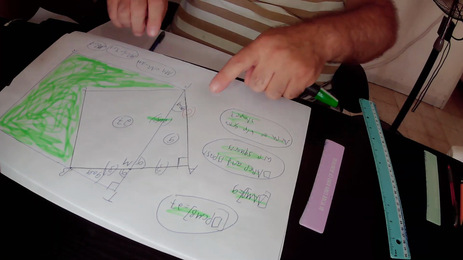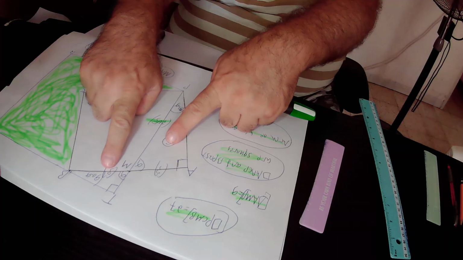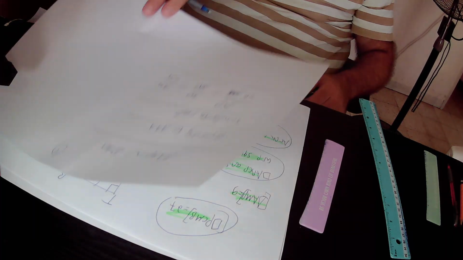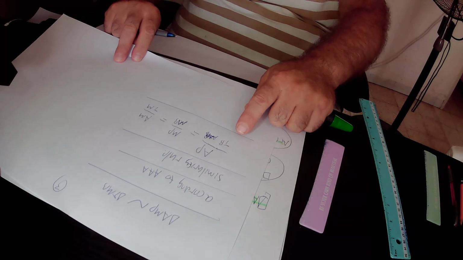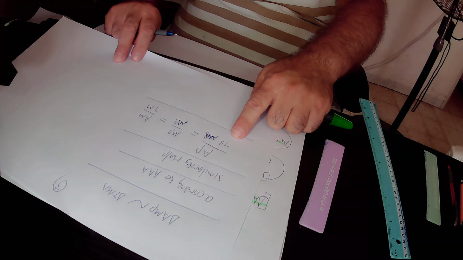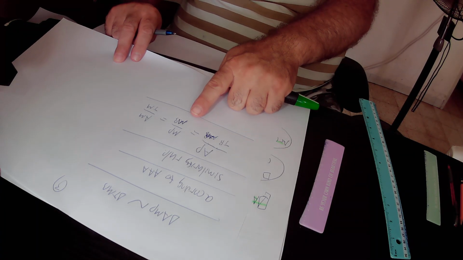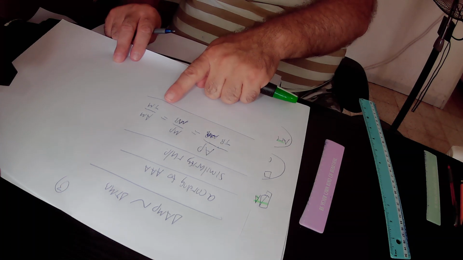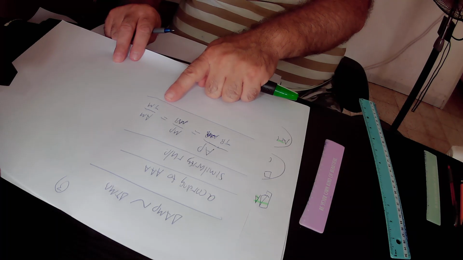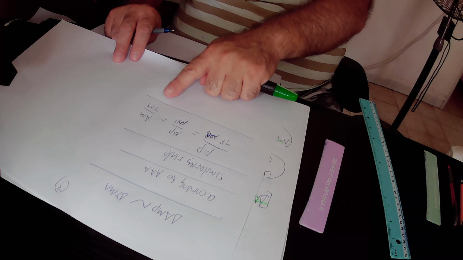So from the fact that those two right triangles are similar to each other, we derive that side AP of the big right triangle AMP over side TB of the small right triangle TMB equals side MP of the big right triangle AMP over side MB of the small right triangle TMB, and it is also equal to side AM of the big right triangle AMP over side TM of the small right triangle TMB.